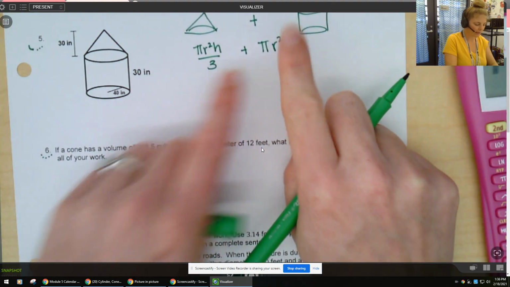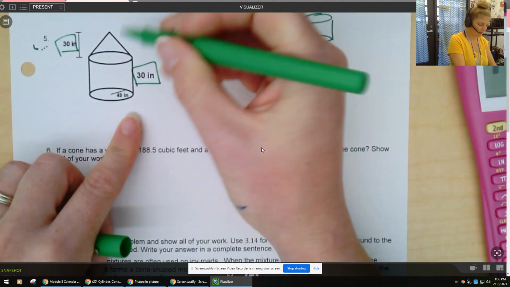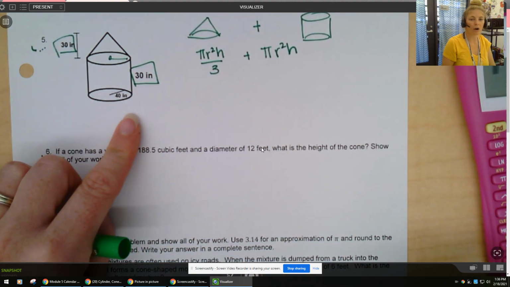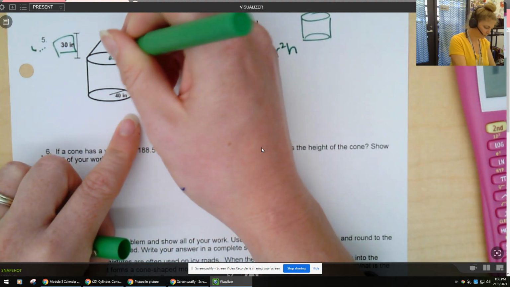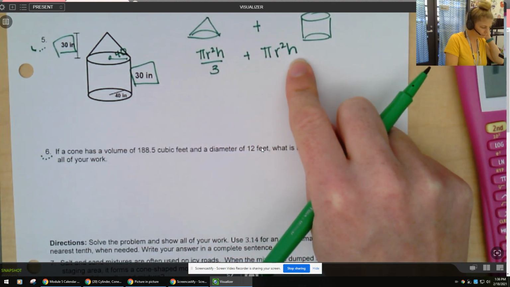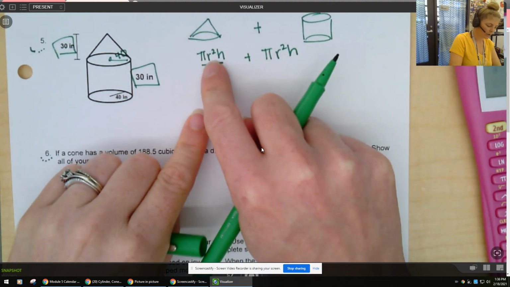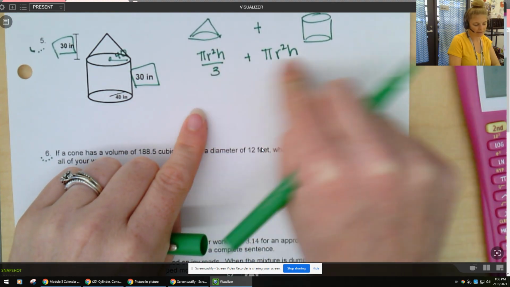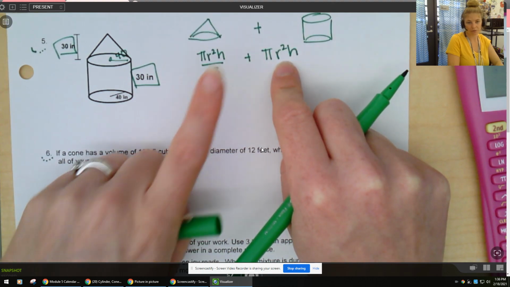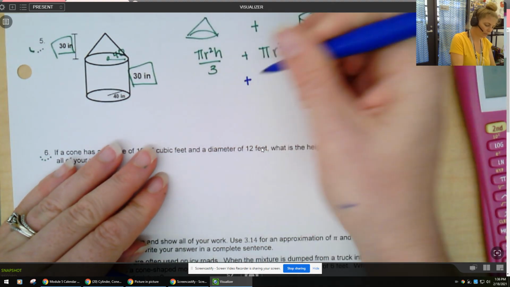And this is only because their heights and their radii are equal to each other. So from here, you can work from here. You could combine these if you wanted to. You can make this over 3 to add them and then simplify.